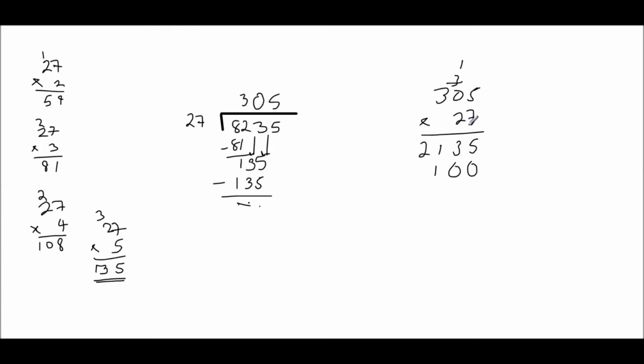Carry down 1. And 3 2s, 2 3s, 6. Let's add. We have 5, 3 here, 2, 1 and 1, 2, and 6 and 2 will give us 8. So as long as we get back our dividend, then we know that we are correct.